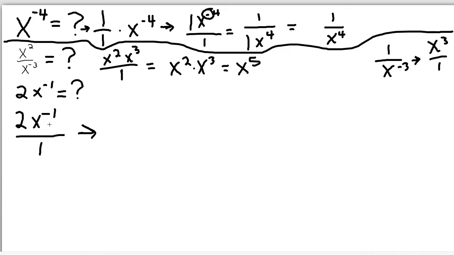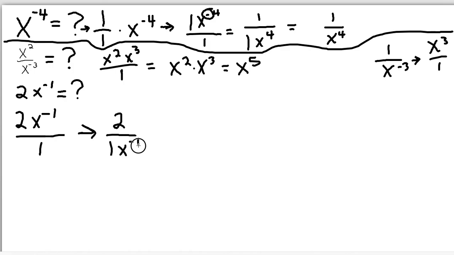So what we can do at this point is take the x to the negative 1 and put that into the denominator. So we'll have 2 over 1 times x.